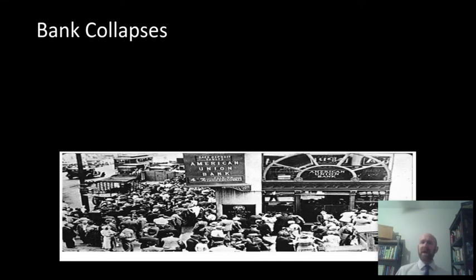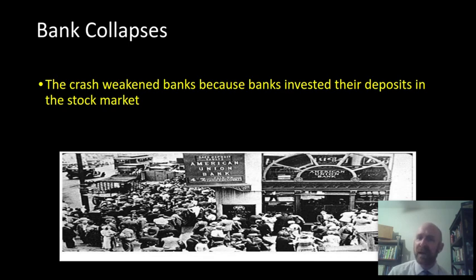Once the rural banks start to fail, we're going to see the same things happen in the urban banks. Remember, rural means countryside, urban means in the city. The city banks fail for a different reason. They're going to fail because of the stock market crash. These city banks generally aren't loaning money to farmers, but they got into the craze of the stock market just like everybody else.